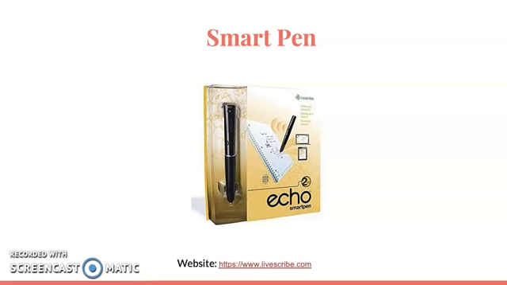Now, the type of equipment is called a smart pen, but the brand name that you'll find it under most often is a LiveScribe or an Echo smart pen. And what it does is it records what it hears, whatever noise is going on while you're writing, and then also it's a regular pen too, so it lets you write on a page.